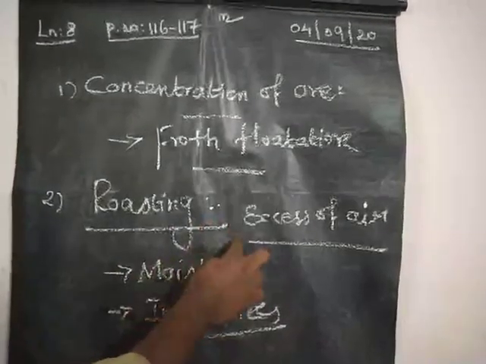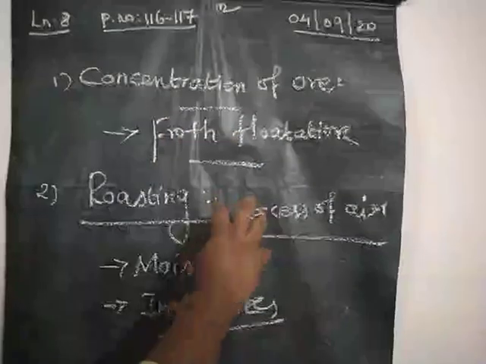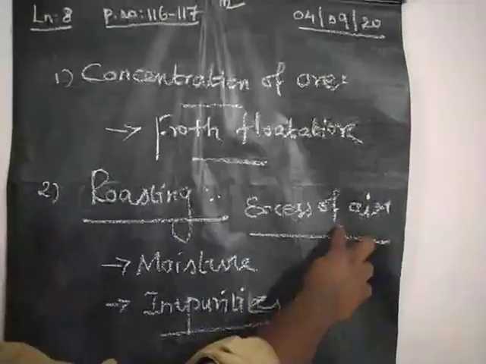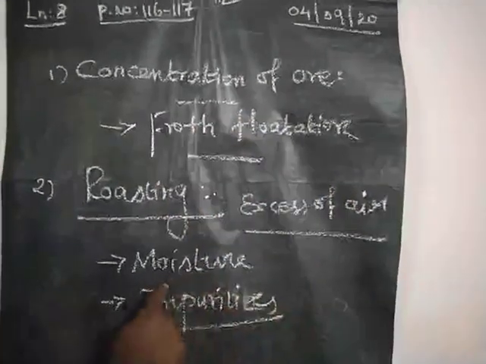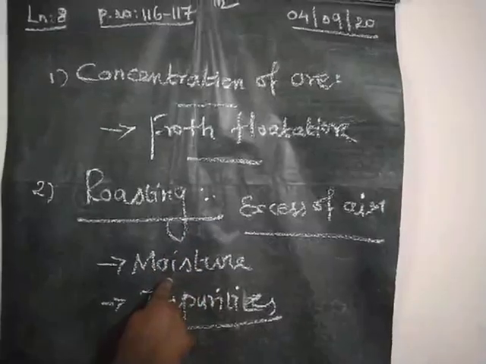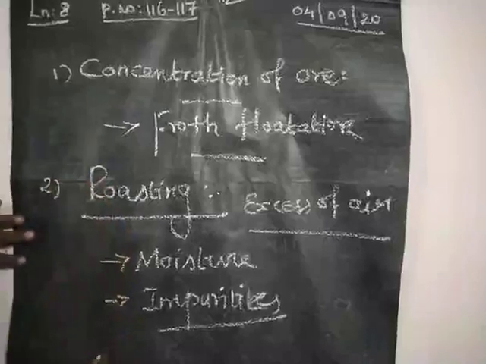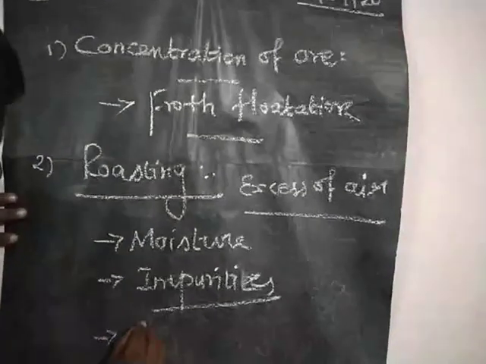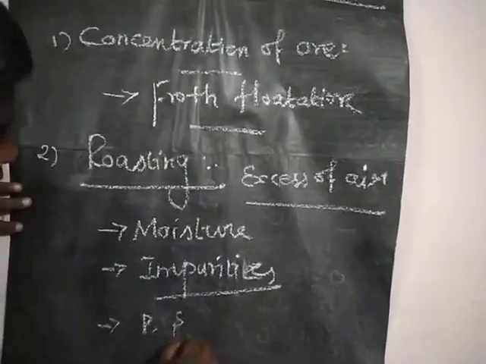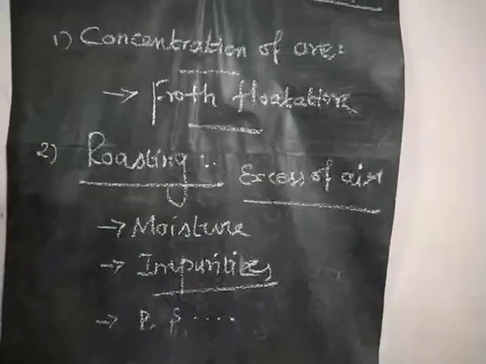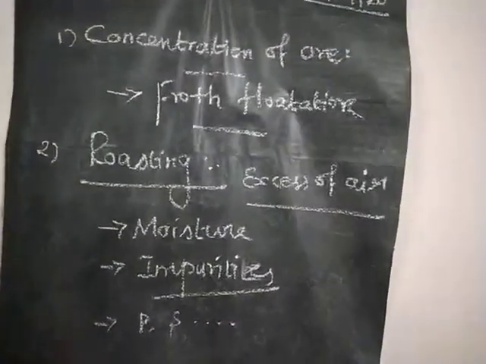During the roasting process, the concentrated ore is treated with excess of air, and the moisture content and volatile impurities are removed. Additionally, phosphorus, sulfur, arsenic and antimony are removed as oxides.